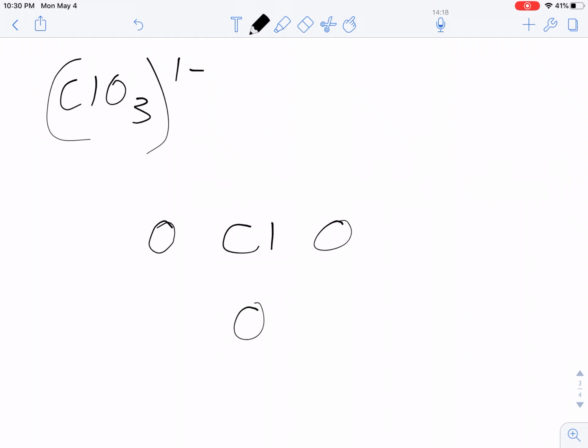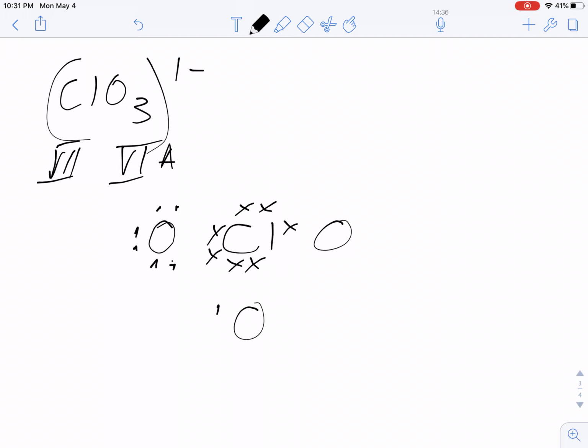Now, chlorine is in group 7A, so it's got 1, 2, 3, 4, 5, 6, 7 electrons. Oxygen is in group 6A, so it's got 1, 2, 3, 4, 5, 6. Each of the three oxygens has 6.